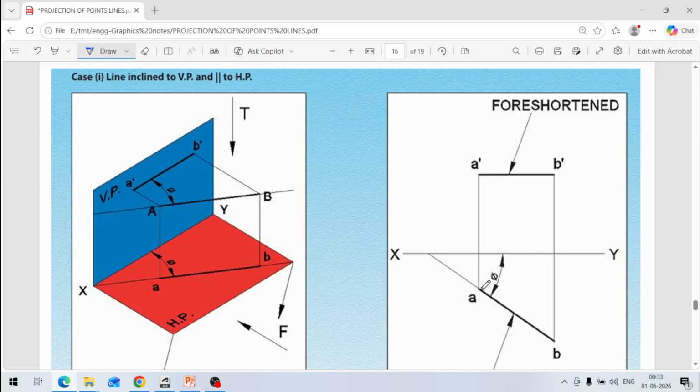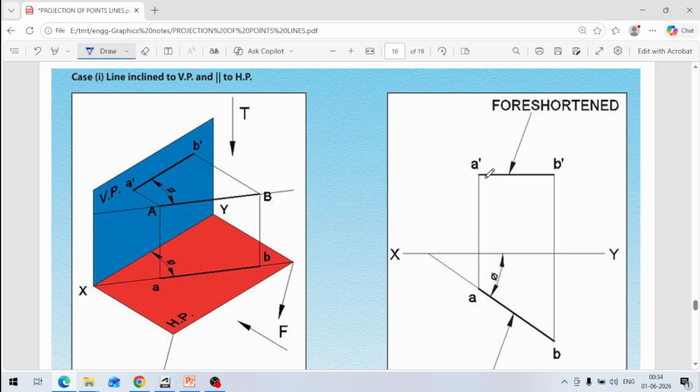If we take projection lines from point A, a vertical projection line, and from B a vertical projection line, and at the given distance you get a horizontal line. This is the shortened, foreshortened line.